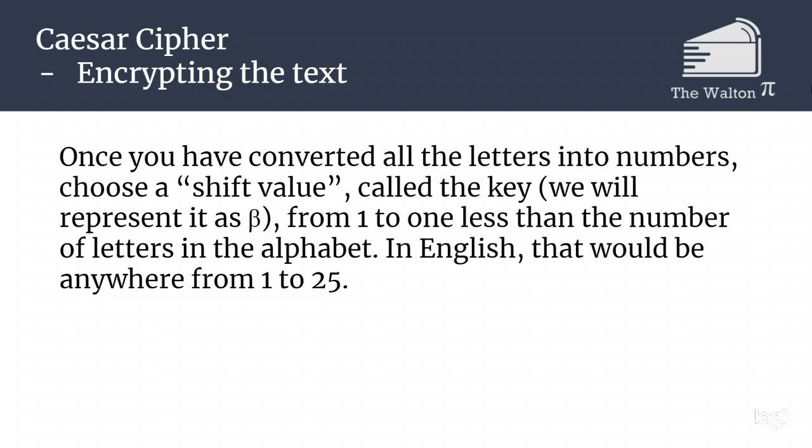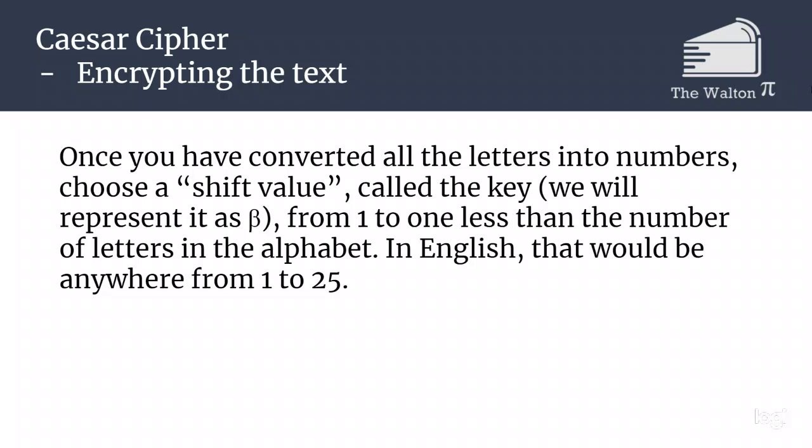So, once we have converted all the letters in our word or our message into numbers, we're going to choose a shift value, which is called the key. We are going to be writing it as beta because this is going to be similar to an affine cipher, which I will have a video out shortly. And so once we have our key, that can be any number from 1 all the way to the number of letters in the alphabet minus 1.